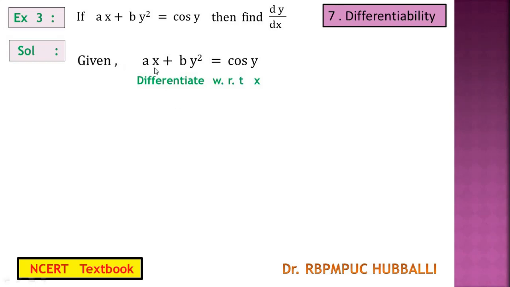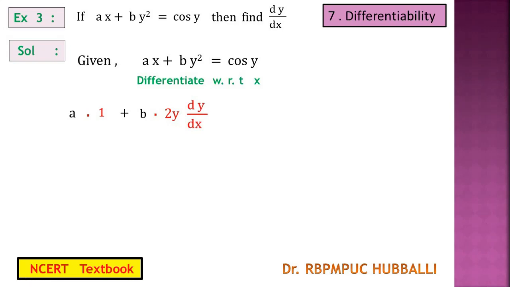Here the first term is ax. a is a constant, x is the variable, and its differentiation is 1, plus b as it is. Now writing the y square derivative. The x square derivative is 2x, no? In the same way we write y square also, 2y, but it is a y variable, therefore into dy by dx.